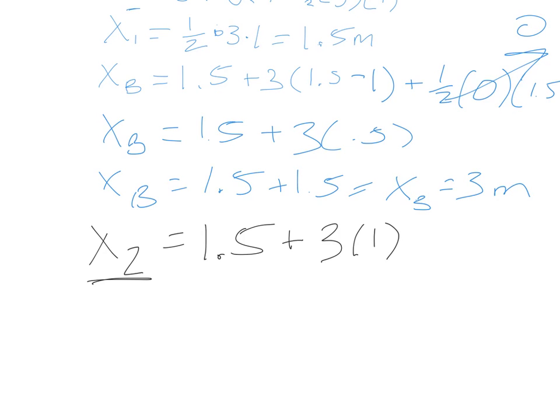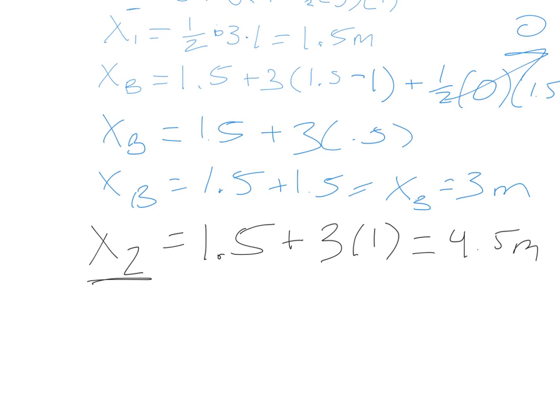I'm just not going to write the 0, because we've talked through it and I'm running out of space. And so 1.5 plus 3 is 4.5 meters.